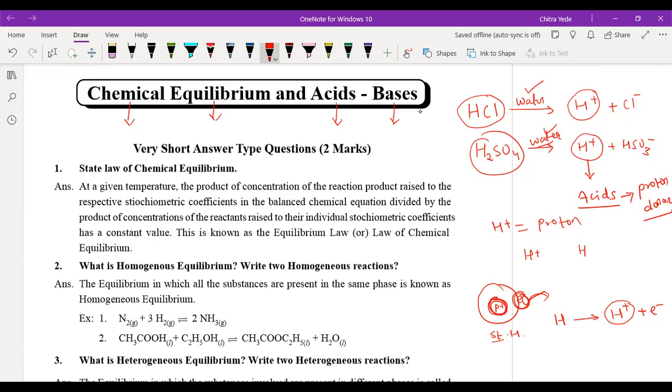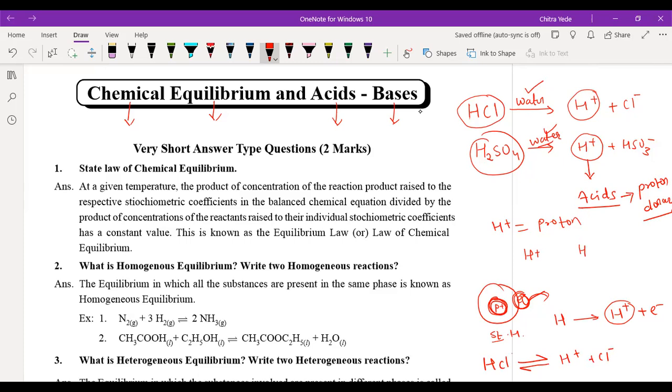Okay. If we represent the reaction at equilibrium, I have taken HCl here, and when the saturated solution forms, we have H positive ion plus Cl negative ion. While HCl undergoes dissociation, at the same time H positive and Cl negative combine again to form HCl, hydrochloric acid.